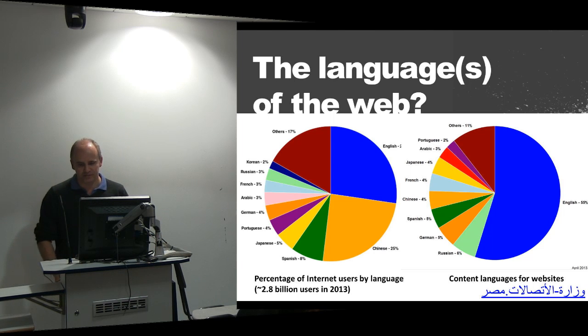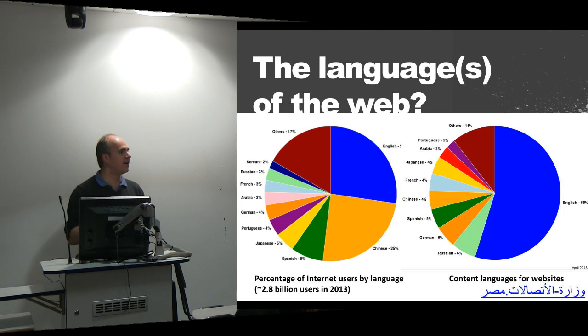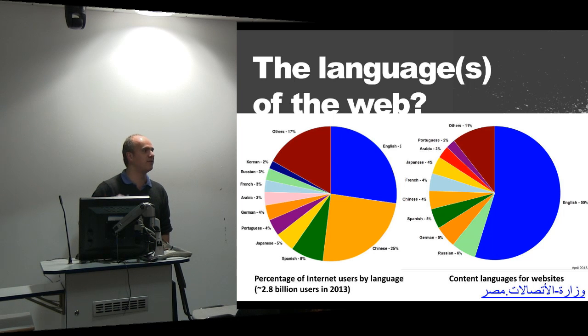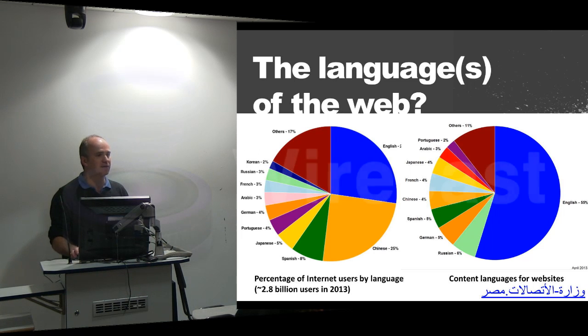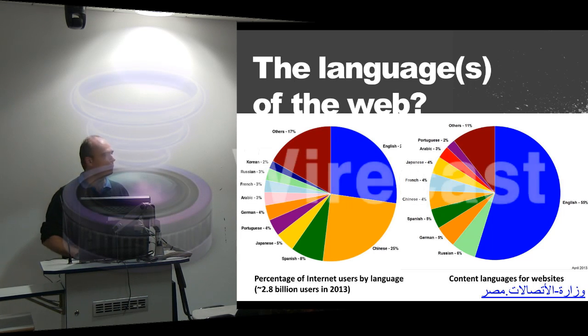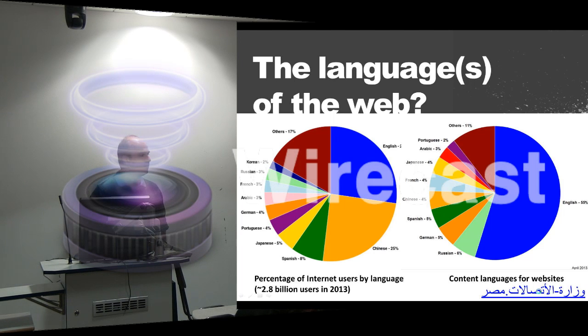Yeah, excellent. So that is a URL, by the way. That's an actual URL. So the web is not in English anymore, it's not even in Latin characters anymore. You can use Arabic characters in order to create a new URL.